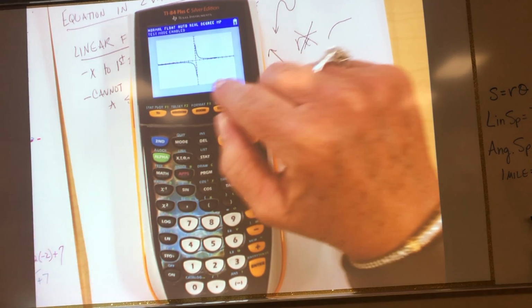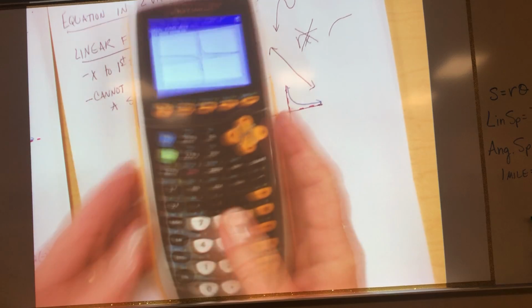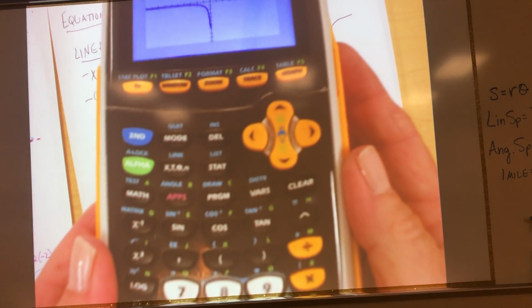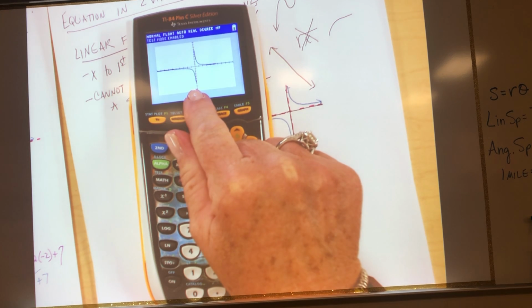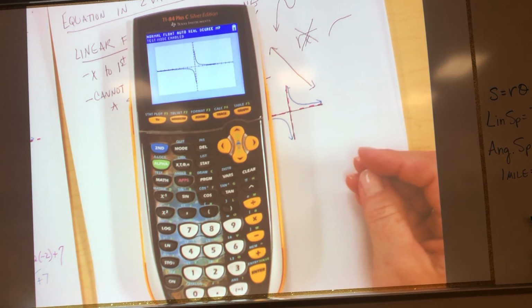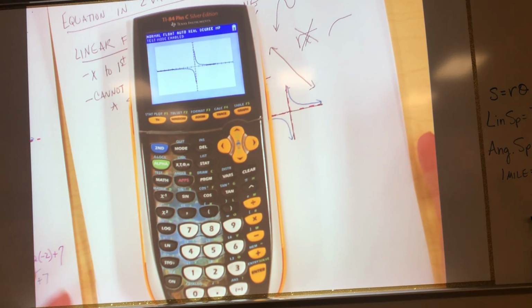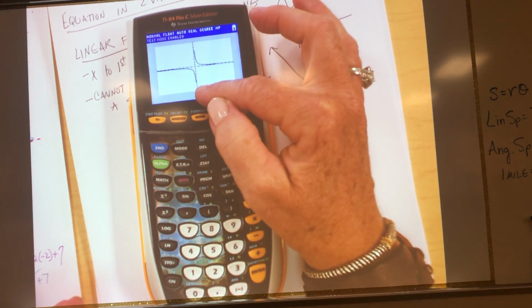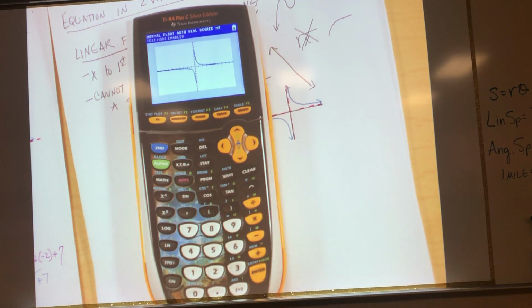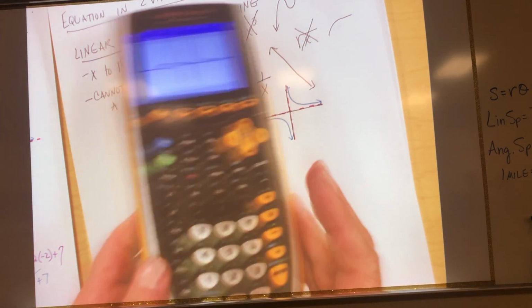Does it really stop right there? That's one of those things where you have to know what you're talking about to be able to read the calculator, okay? It really just got so close to that y-axis that the calculator said, I can't draw it anymore, okay? So that's what it looks like on the calculator.